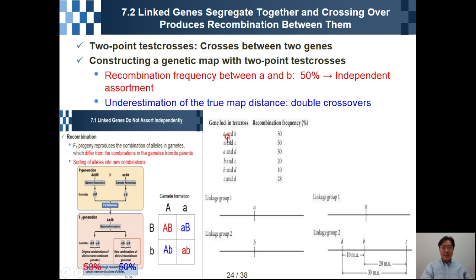For example, in this case, the recombination frequency between gene A and B is 50%. As we already learned in 7.1, if the genes are located on different chromosomes, they assort independently, so 50% will be non-recombinant gametes and 50% will be recombinant gametes. So when the recombination frequency is 50%, it follows independent assortment.